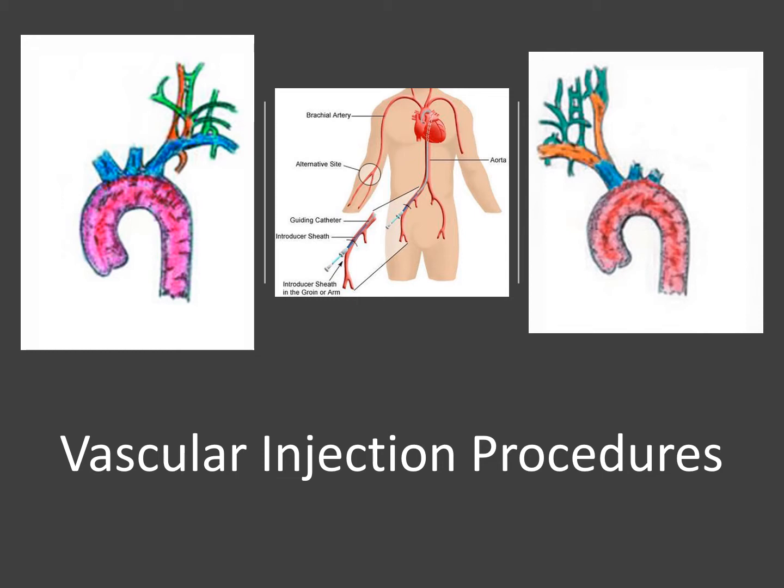So to review, non-selective catheter placement refers to a catheter that remains in the vessel that was accessed or has made it into the aorta, and it's considered non-selective. Whereas selective is when the catheter is placed, not necessarily near or at the origin, into a branch off of the aorta or the access vessel.